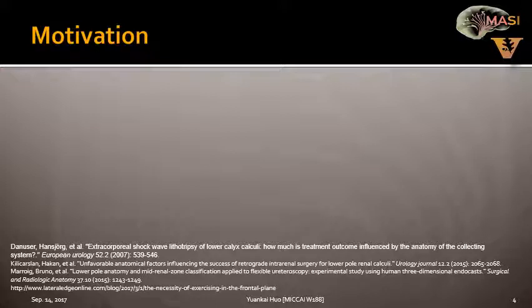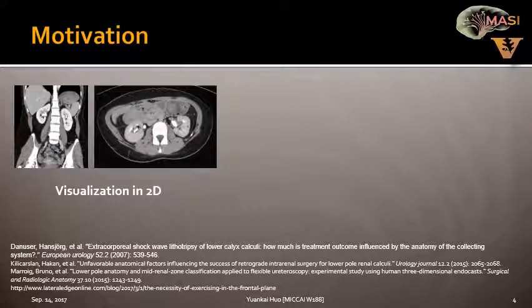So here is the motivation of our research. Traditionally, the surgeon decides which method to use by viewing the 2D slices. Basically, they see different 2D slices from CT and do the surgery plan to choose option 2 or option 3.